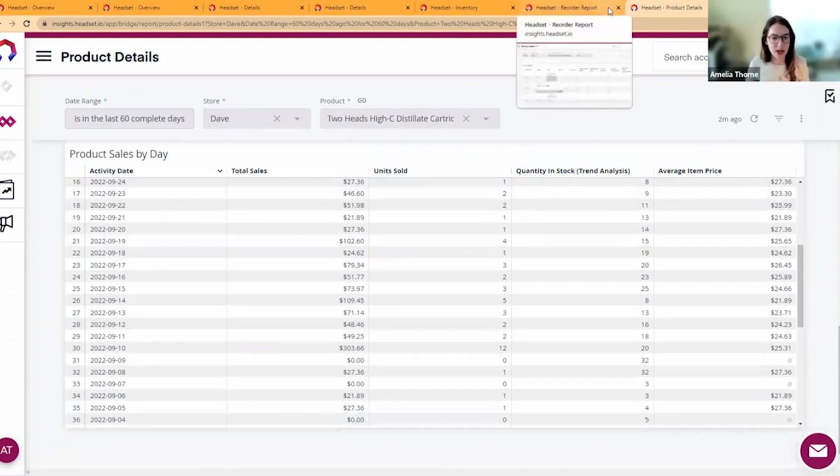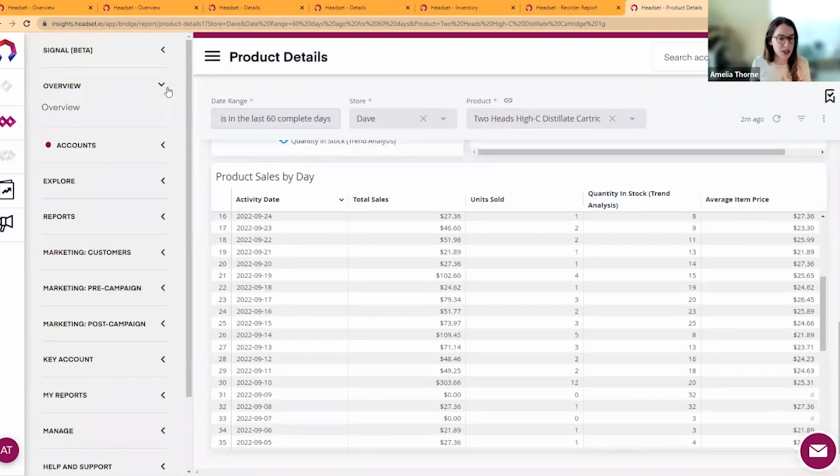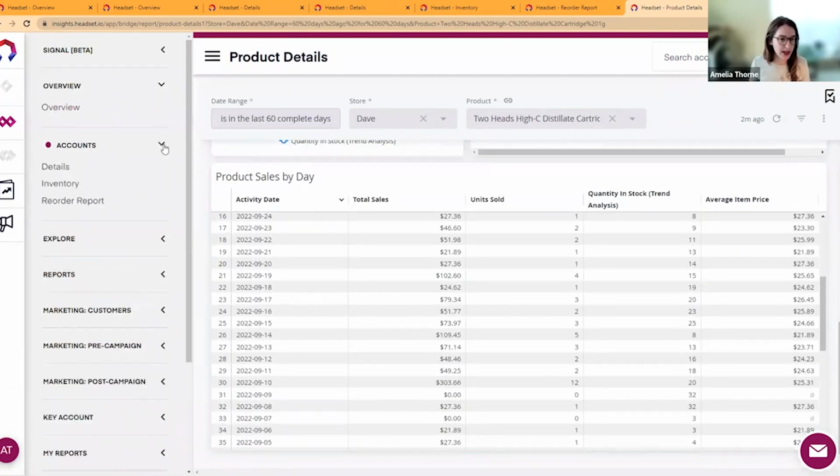All right, so I've done a lot of talking. This has been, again, a really quick overview of Bridge basics. Just to remind you what we went through: the overview dashboard here, and then under accounts, we went through details, inventory, and reorder report.